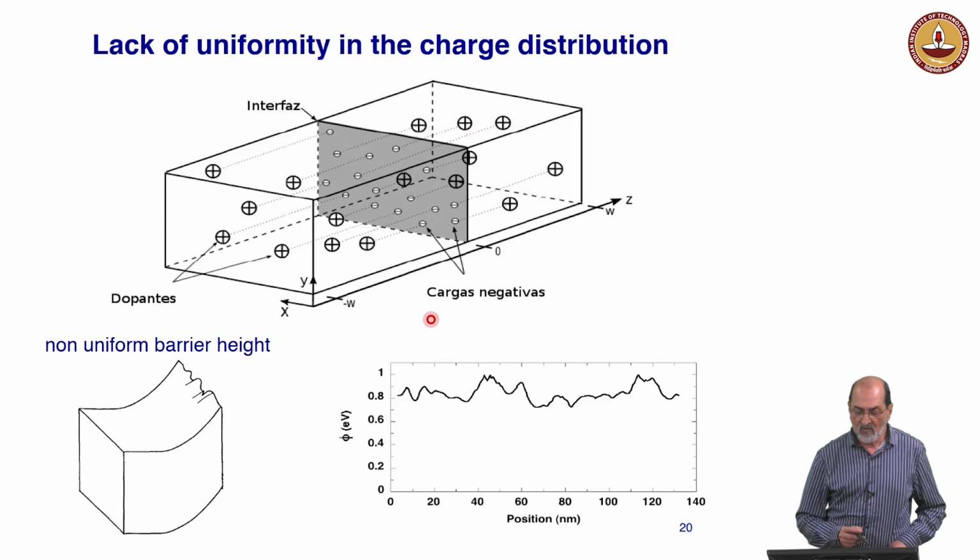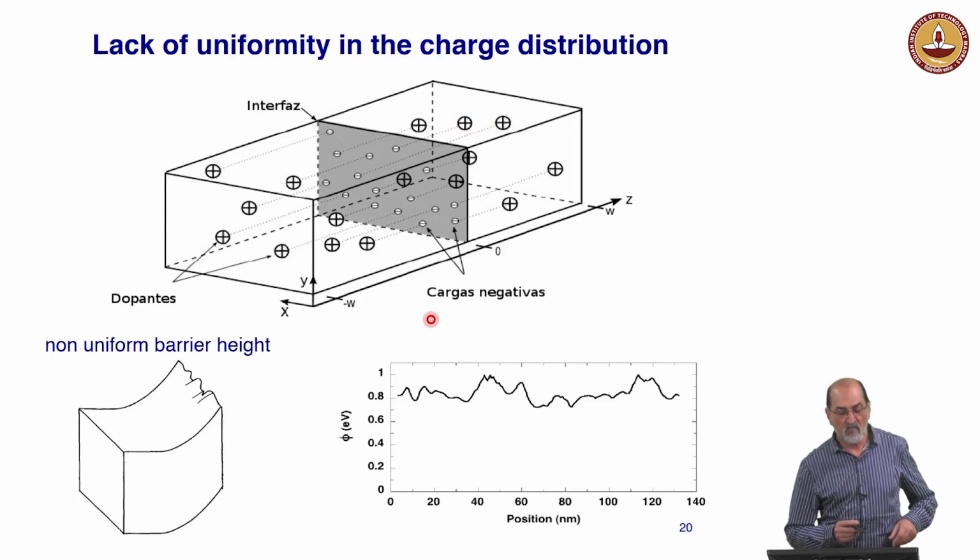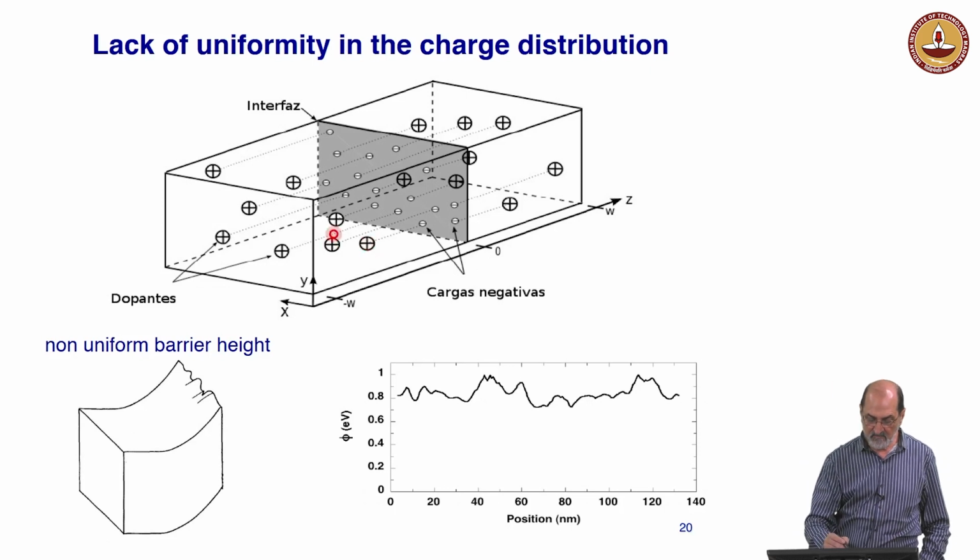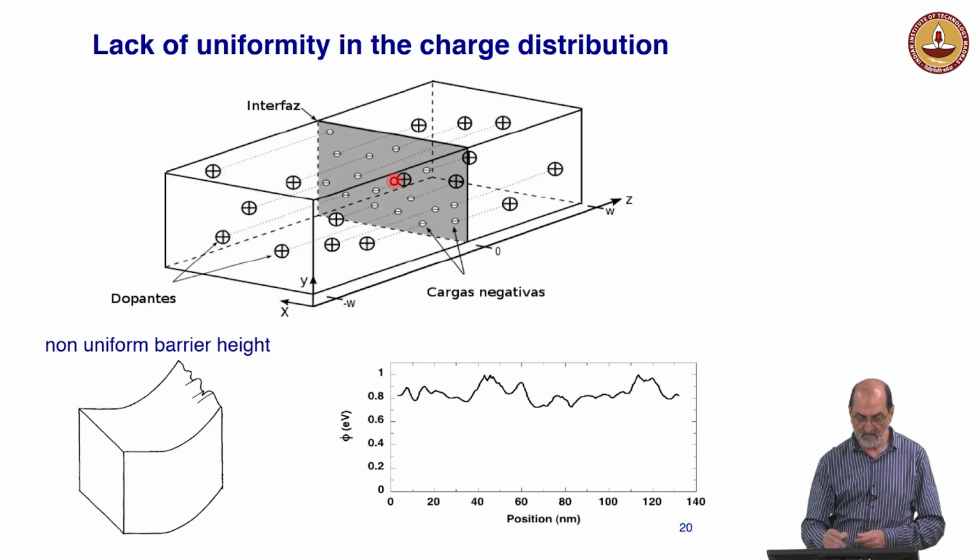So we try to make a simple model to see how really the barrier height can vary at the intergrain. What do we have? We have positive dopants, which are oxygen vacancies, that have this positive charge on both sides, and at the interface we have the negative charge, which corresponds to absorbed oxygens.